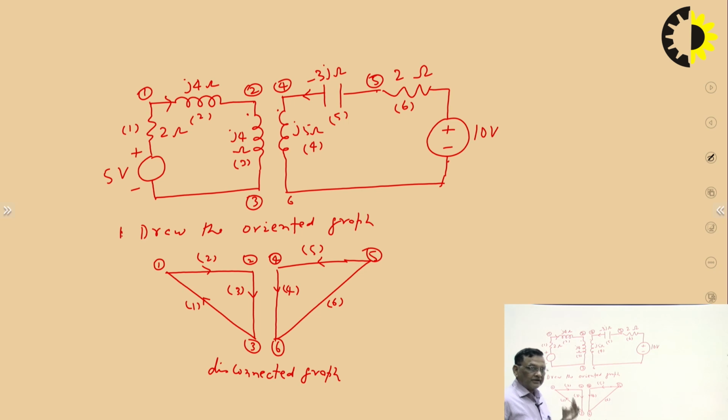So tree is the concept of connected graph. For the disconnected graph, we have another term that is called the forest. For each connected section of the graph, we select one tree. So the tree will be like this. Now select a tree.